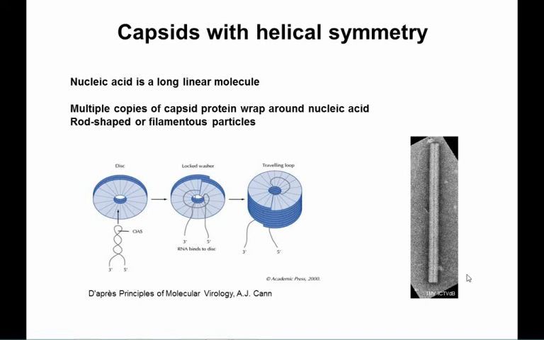So this is a very simple way to make a capsid. That's what you find in tobacco mosaic virus, the thing that's illustrated here. It's formed of several thousand copies of just one capsid protein, the coat protein.